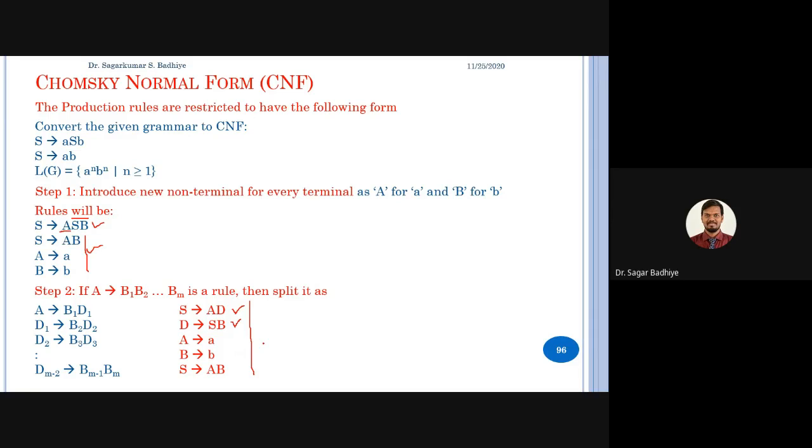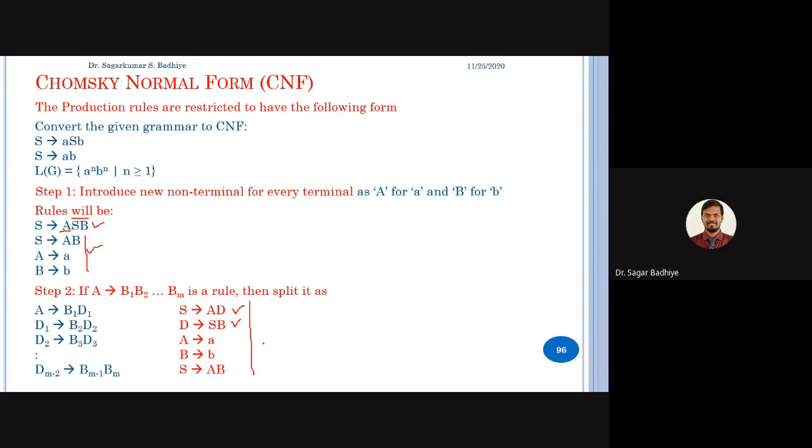Then you observe how many rules are now in CNF, and for the remaining rules you apply step 2, wherein you identify the rules with multiple non-terminals on the right hand side, and again introduce a new non-terminal, and you continue to do this until all the production rules are converted to CNF form. Is it okay?